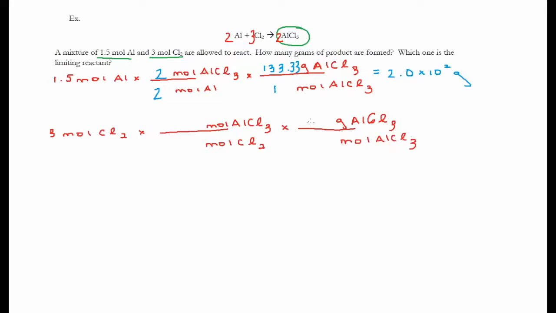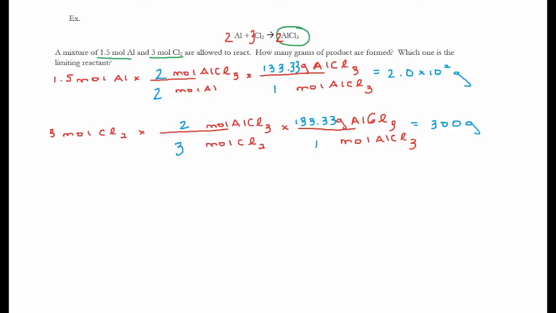Okay, so here again, this is just going to be 133.33 for every 1 mole, but here I'm going to use the mole-to-mole ratio. For every 2 moles of aluminum chloride, I have 3 moles of chlorine. And so when I do this, I end up needing to round just to 1 sig fig, so I end up getting 300 grams of aluminum chloride.